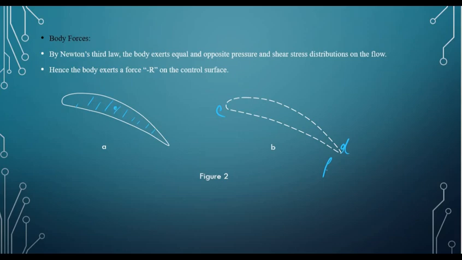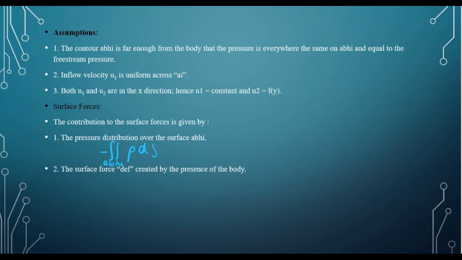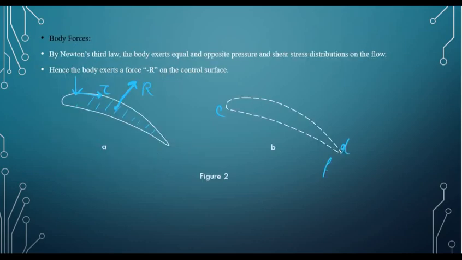If I look at R, my R would be pointing in this direction. This is the pressure acting, and this is the shear stress denoted by tau. The flow passing over this body is exerting pressure and shear stress, giving a resultant aerodynamic force R, as we discussed here in the surface forces.